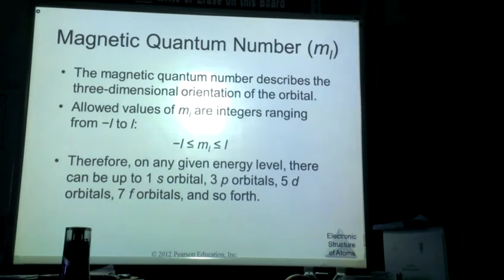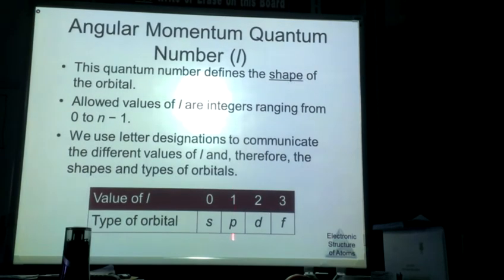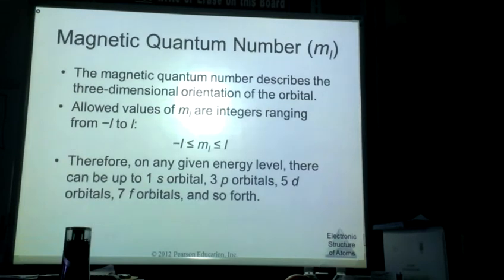Let's talk about p orbitals. For the p orbital, I can have 3. The value of L for a p orbital is 1. So when L equals 1, I'm talking about a p orbital. To find my magnetic quantum number, I go from positive 1 to 0 to negative 1, okay?